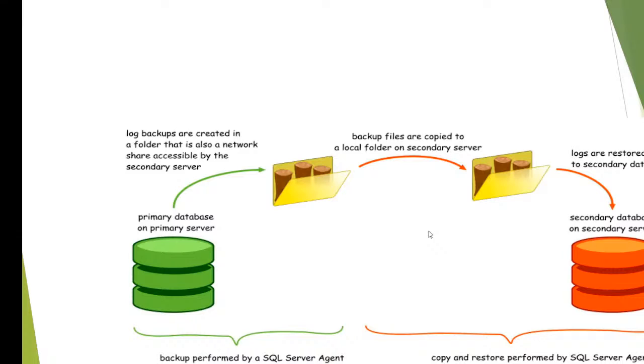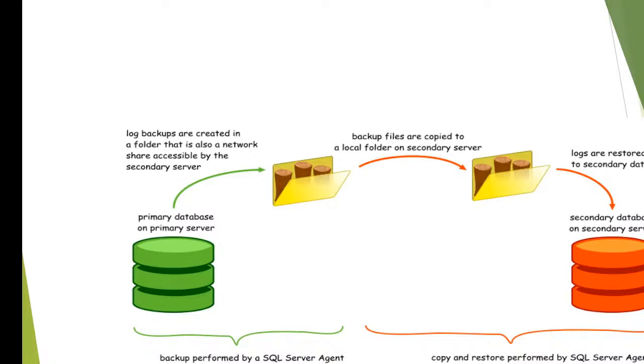Yeah, so this is the primary database. Okay, the primary server is built. So what I will do is take a complete copy and restore it on the secondary server. Once the secondary server is ready, first we have to manually generate one log backup, and move that log backup from primary to secondary.